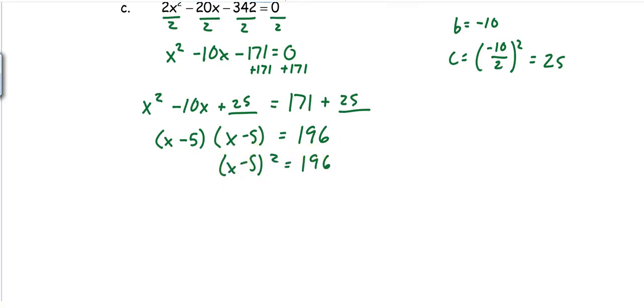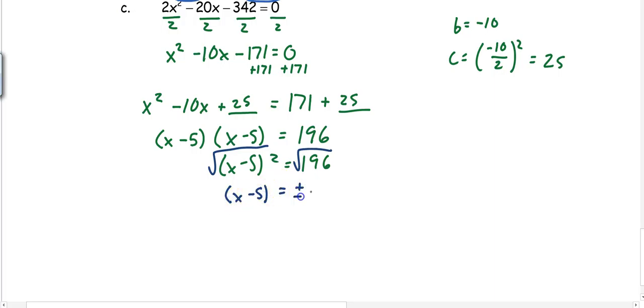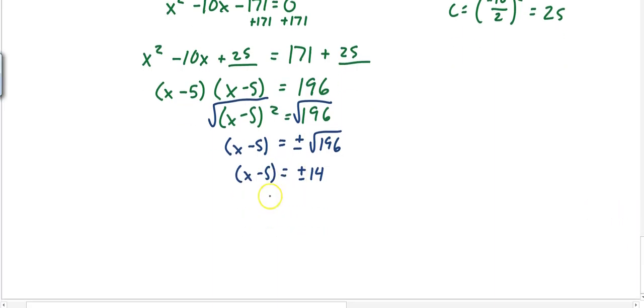To solve for x, I need to take my square root first on both sides. X minus 5 is equal to plus or minus the square root of 196. Remember that the square root of 196 is 14. So x minus 5 is equal to plus or minus 14.